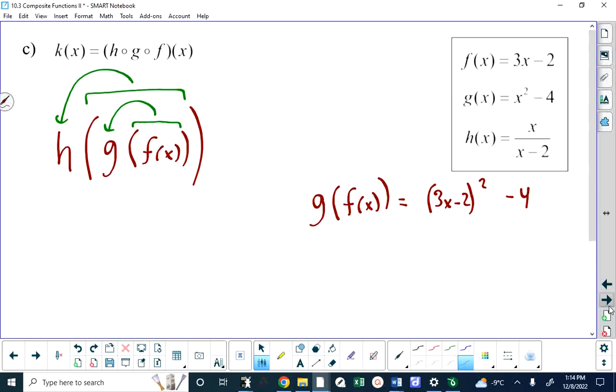And my recommendation is, everybody, before you start putting this into h, why don't you simplify it first? There's nothing wrong with putting this thing right here and right here. But I think if you simplify it first, you might be better off. 3x minus 2 quantity squared is 9x squared minus 6x minus 6x, and then we have plus 4 and minus 4.